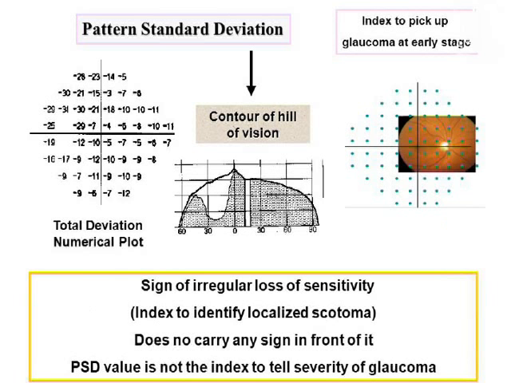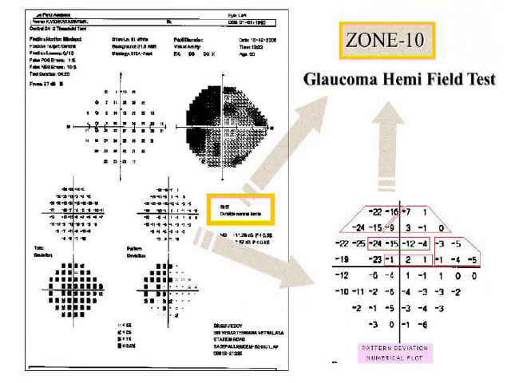Now the PSD. PSD is actually the sign to pick up early localized scotoma. It is the sign to represent early localized scotoma, any irregularity among the points. So it is an early sign to pick up glaucoma, that the PSD is developing. And the glaucoma hemifield test is also nothing but a refined PSD.